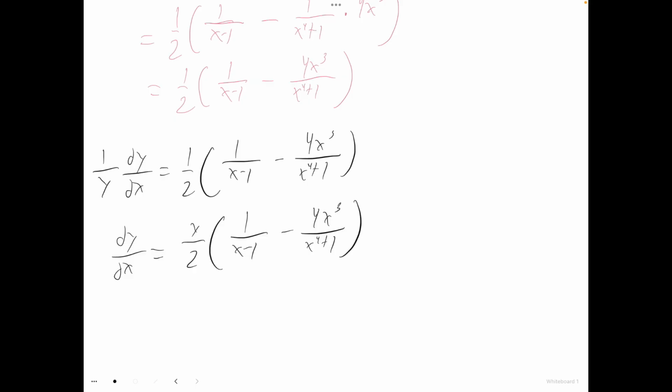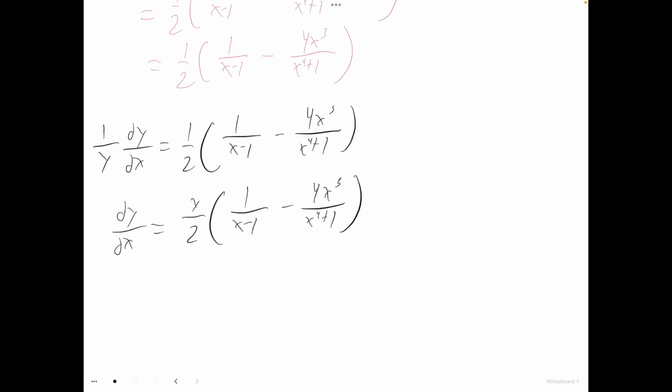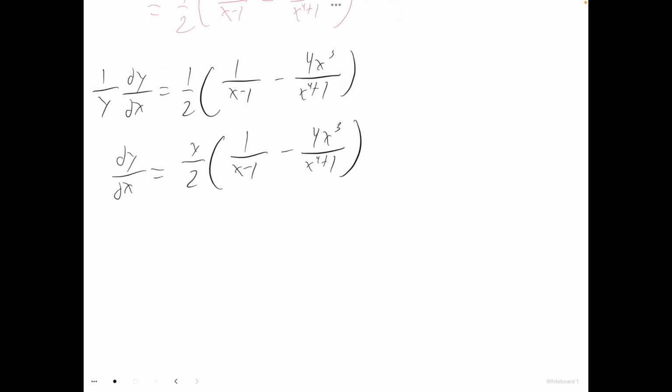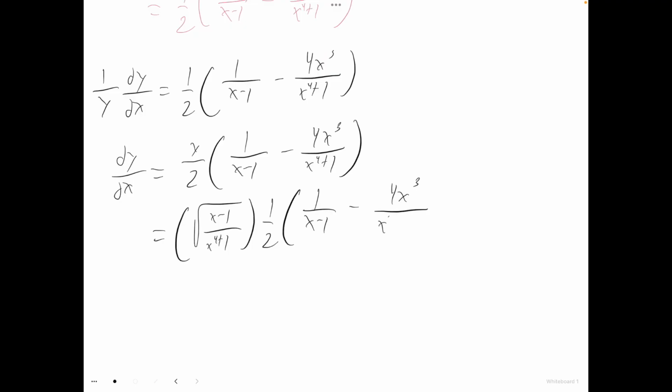And now we are going to plug back in what y is equal to. And so we know what y is equal to. And so this then becomes y, which is the square root of x minus 1 over x to the fourth plus 1, times 1/2 times 1 over x minus 1 minus 4x cubed divided by x to the fourth plus 1.